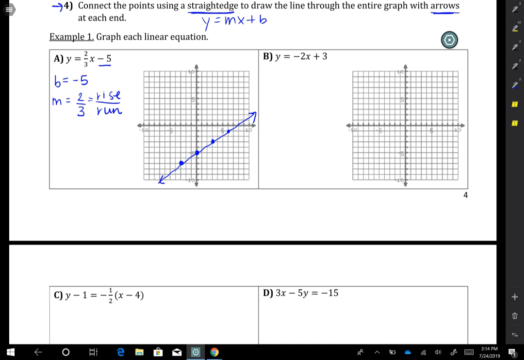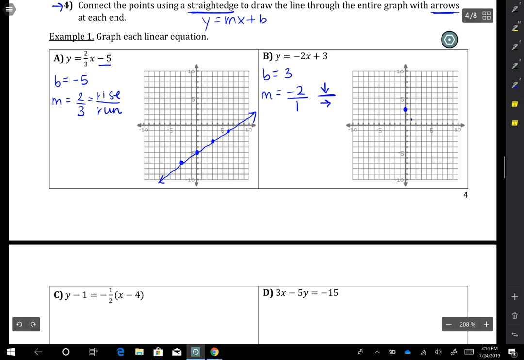Okay, let's look at letter B. Y equals -2x plus 3. So the first thing I do is identify my y-intercept b, which is +3. So I plot my point at 0, 3 on the y-axis. Then I identify my slope. My slope is -2. Remember, that's always over something. That's going to be over 1. So because it's negative, I'm going to go down 2, and I'm going to go right 1.